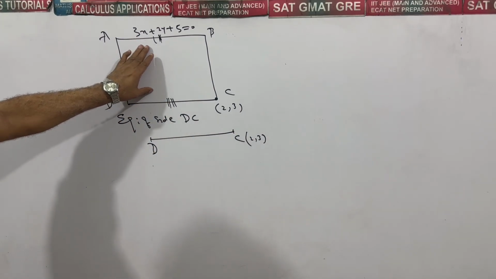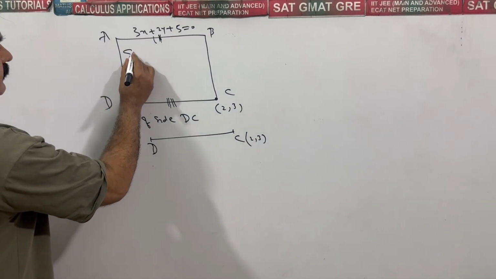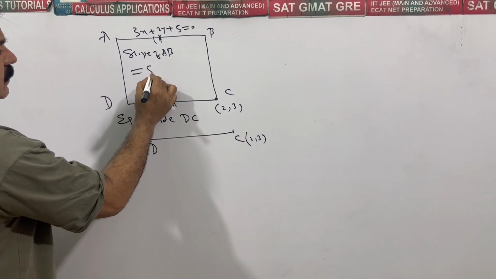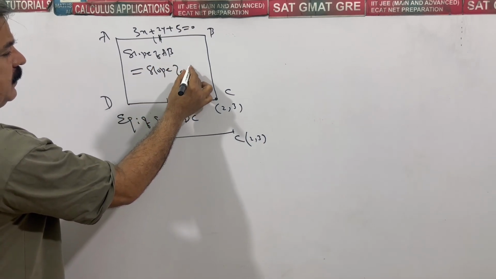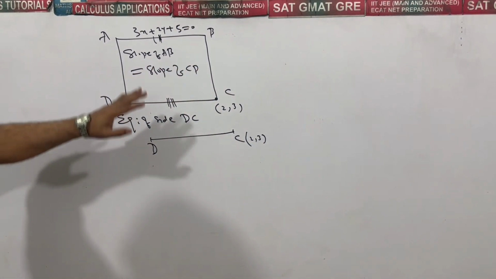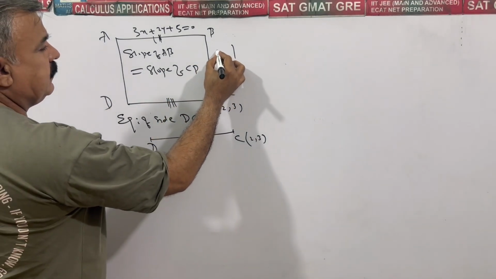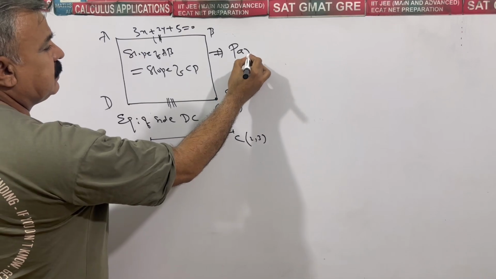So the slope of AB is equal to the slope of CD. Why? Parallel lines have the same slope. That's our fact, which we are going to utilize here.